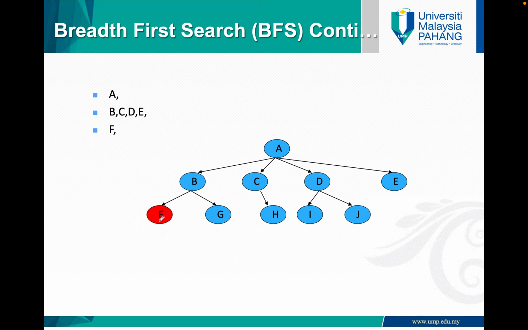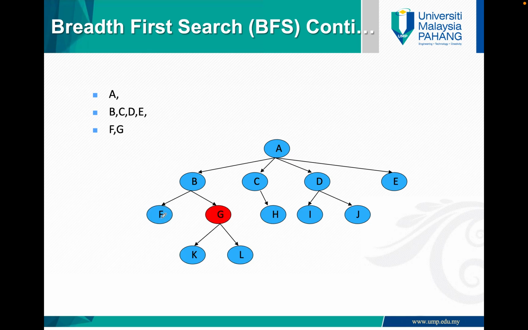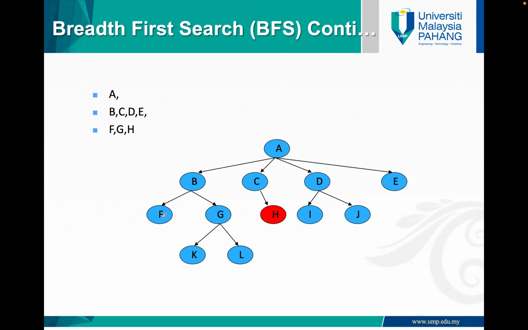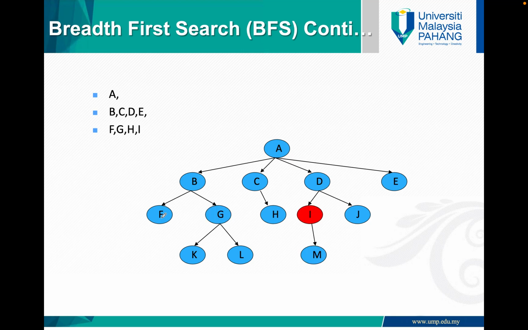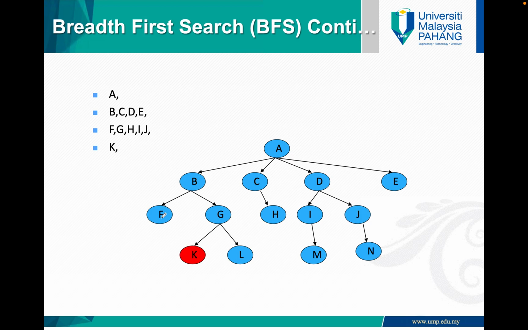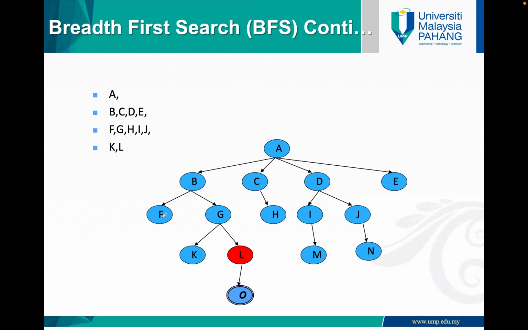We expand F, but F doesn't have any nodes connected to it. So we expand G, and then we expand H. H is also empty. We expand I, we expand J, and then after that we expand K. Right now we are at the third level. At the third level we expand K, we expand L.